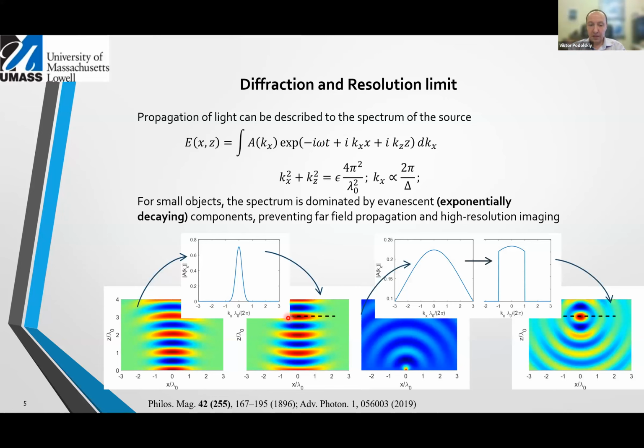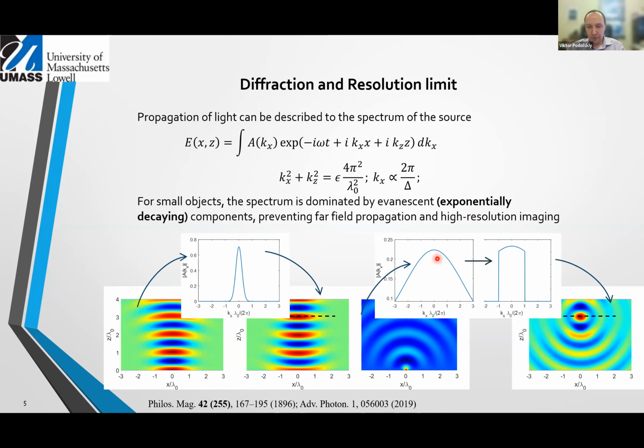You may start with a small, well-localized optical packet. You would represent it as a set of plane waves, as you can see here. The wave number spectrum of these plane waves is going to be extremely broad. And as the spectrum propagates through space, it will be significantly shrunk by what is called diffraction.